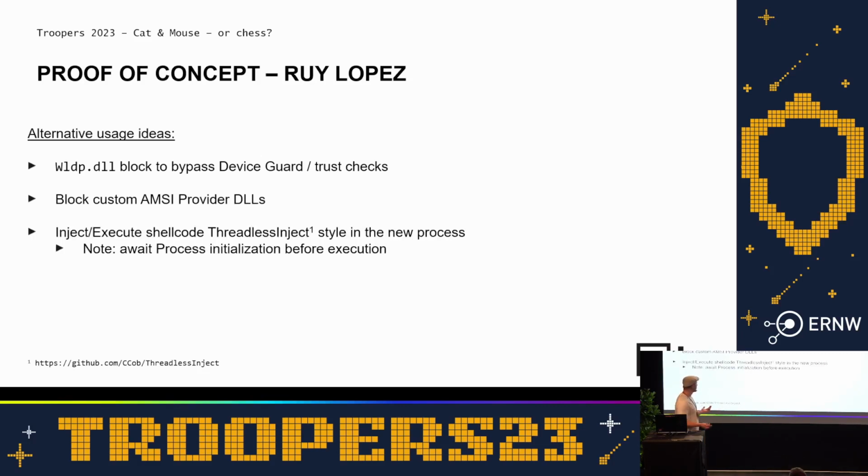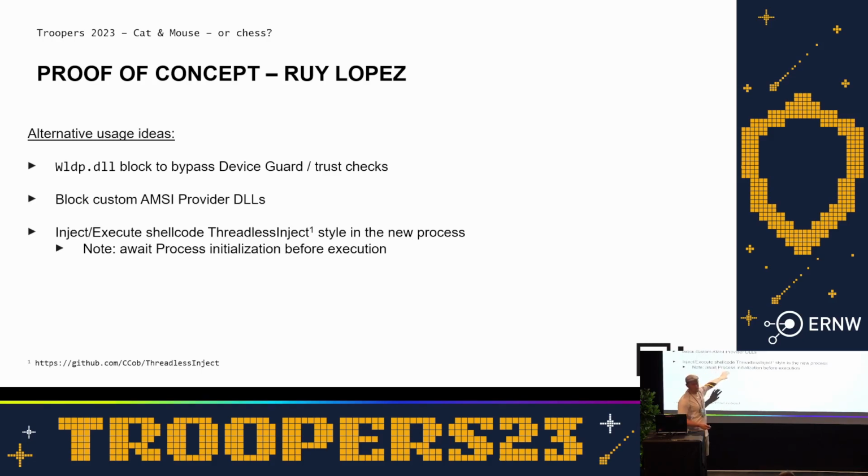You could also modify the proof of concept shellcode, threadless inject style. Threadless inject is the proof of concept published by CCOP as well, which is not creating a new thread for shellcode execution, but instead when a legitimate function is called, then the shellcode is called instead. So it's more or less also like hooking. You hook some function, and when this is called, then it will jump to your shellcode, and your shellcode gets executed instead of creating a thread.